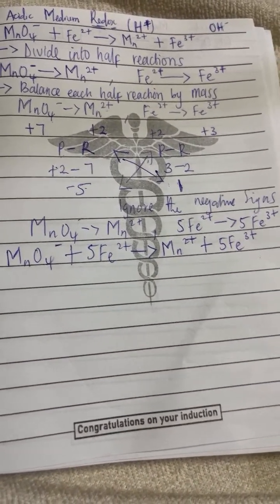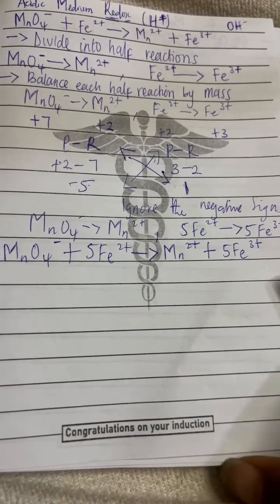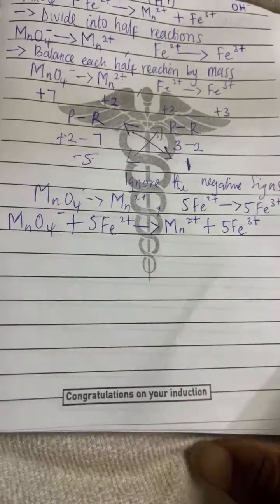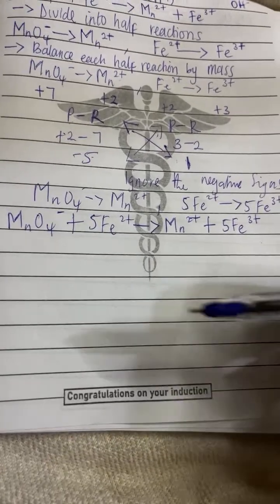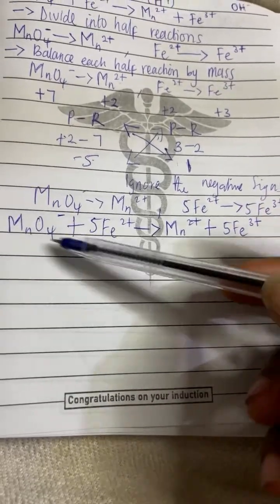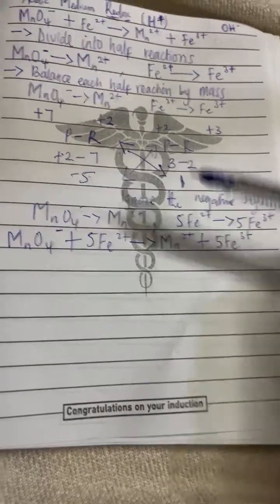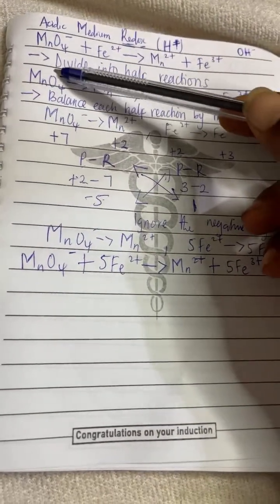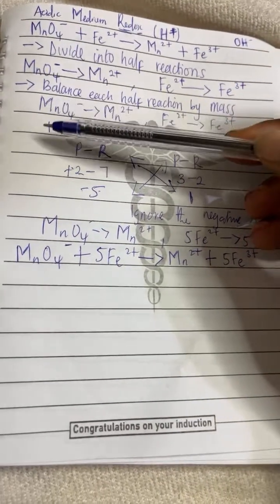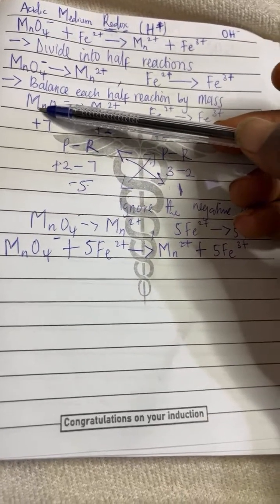So the next step to do here is to actually calculate the total oxidation number, at the product side and at the reactant side. The oxidation number that we did here was just for a particular element, just one element.